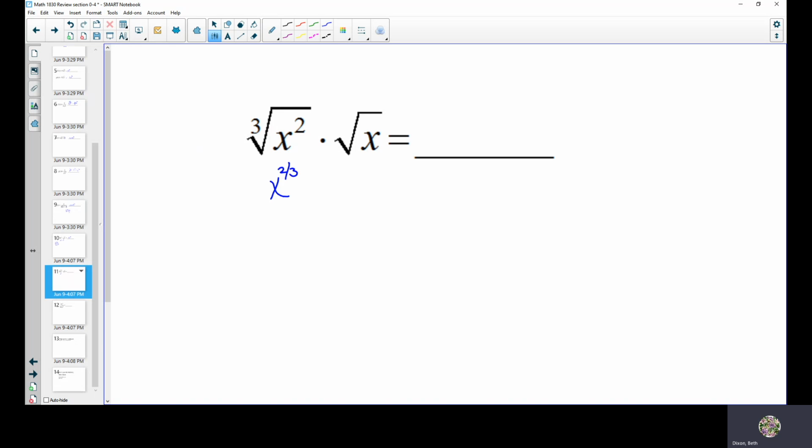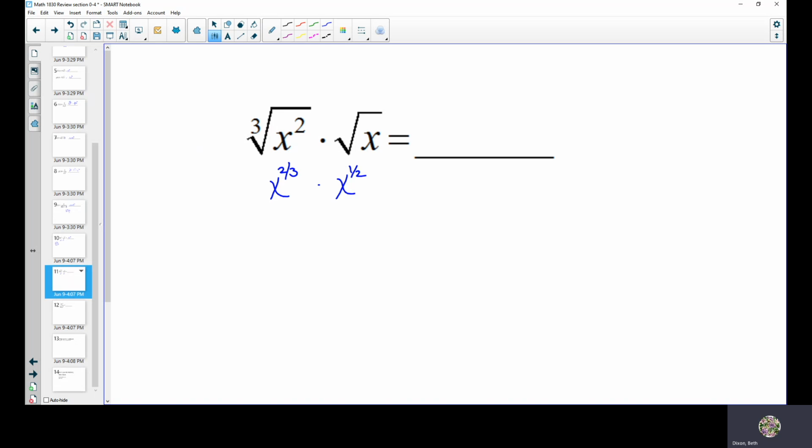The 2 is your power, goes on top. The 3 that is your root goes on the bottom. The second part, the square root of x, becomes x to the 1/2 power.